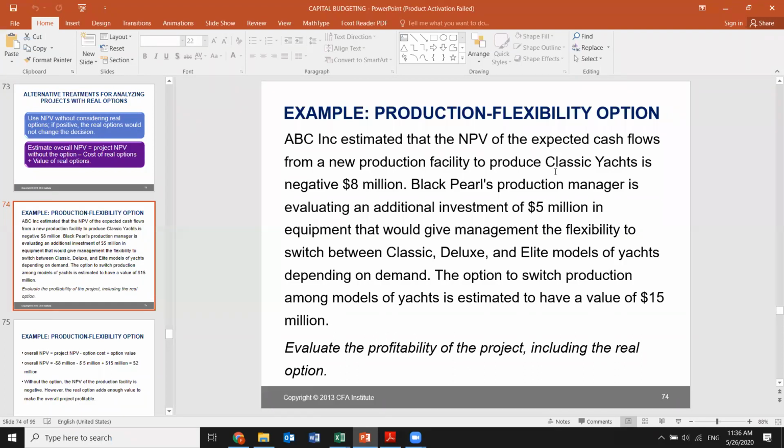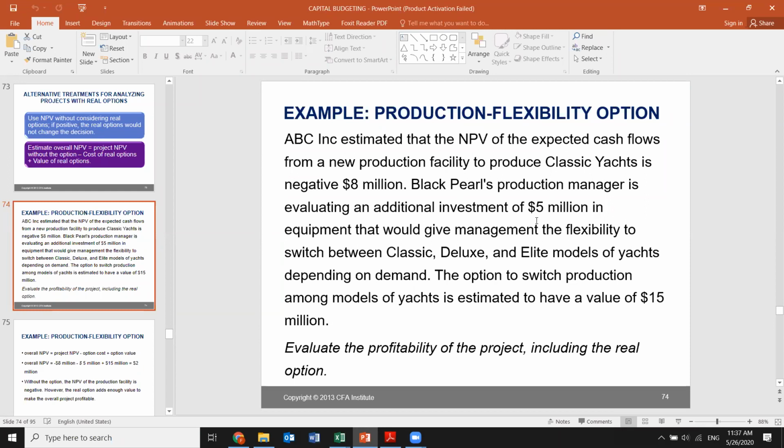Now, what we're doing here, first, we have 8 million as our negative NPV that we get from this normal product, and we do extra work and we produce extra investment. Then we employ this extra investment and the cost is 5 million as well.